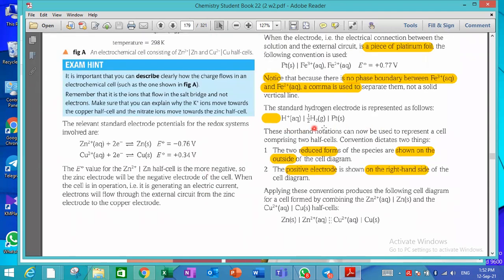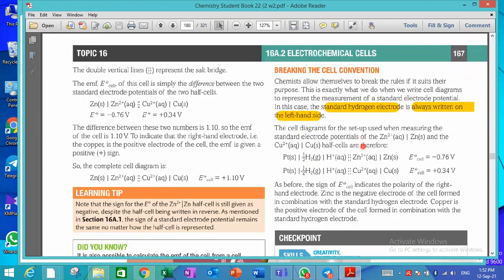It's opposite to when we wrote the half cell electrode of the standard hydrogen electrode alone. When we wrote it alone, we wrote hydrogen ions, half hydrogen, and then platinum. But when it is together with another half cell, we write it in the opposite way: platinum, half hydrogen, hydrogen ions. Okay.